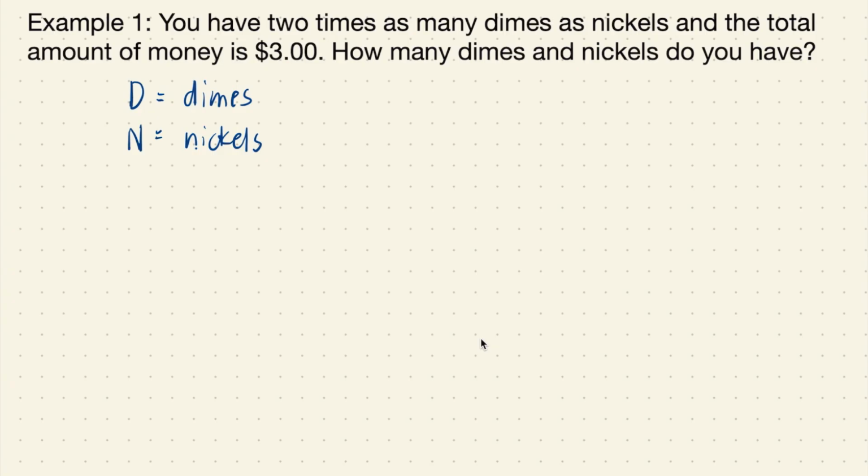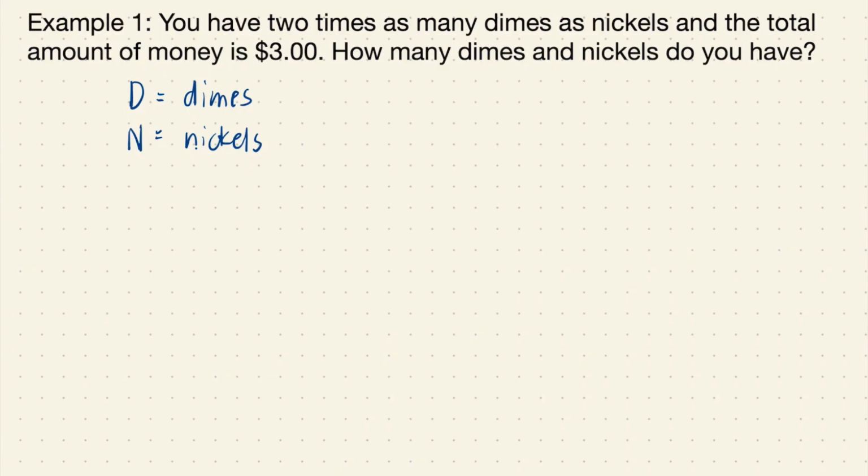For our first problem, the example reads: you have two times as many dimes as nickels, and the total amount of money is $3. How many dimes and nickels do you have? It is mentioned here that you have two times as many dimes as nickels.